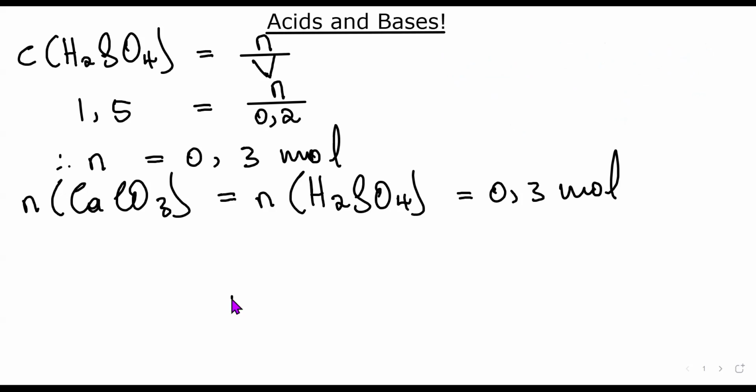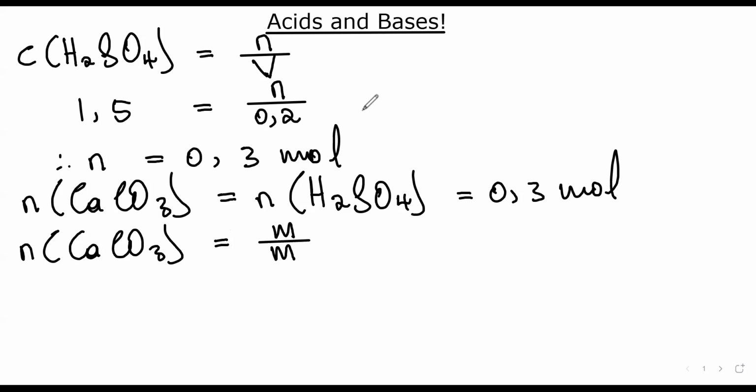So now we know the number of moles for calcium carbonate. It's now time for us to find the mass. Then we say the number of moles of calcium carbonate is equal to the mass divided by the molar mass. Okay, well, it's an uppercase M then. So we have 0.3 here.